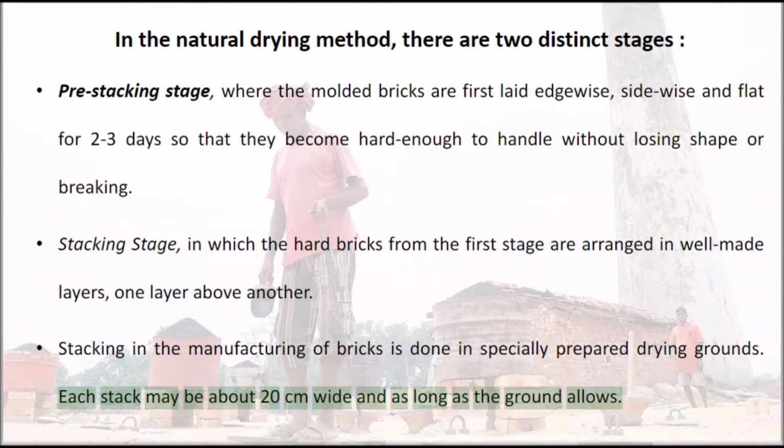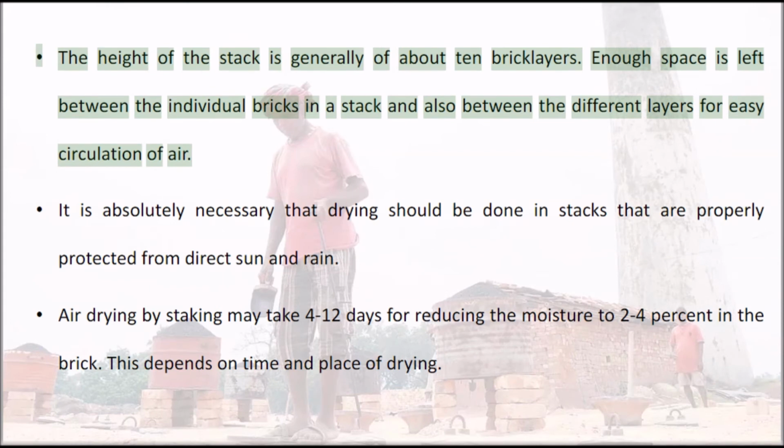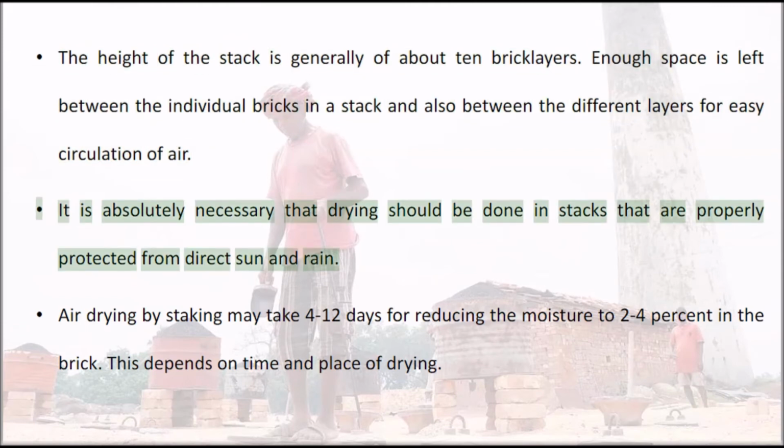It is absolutely necessary that drying should be done in stacks that are properly protected from direct sun and rain. Air drying by stacking may take 4 to 12 days for reducing the moisture to 2 to 4% in the brick. This depends on time and place of drying.